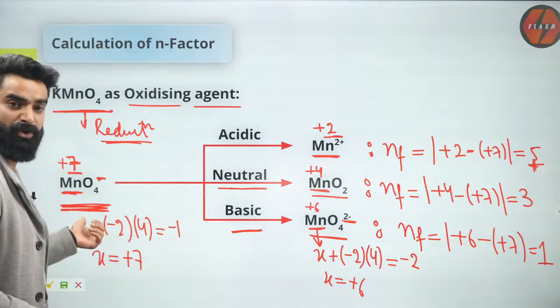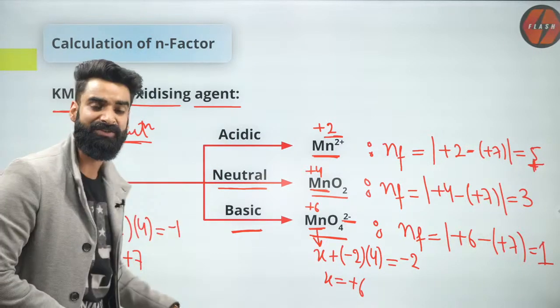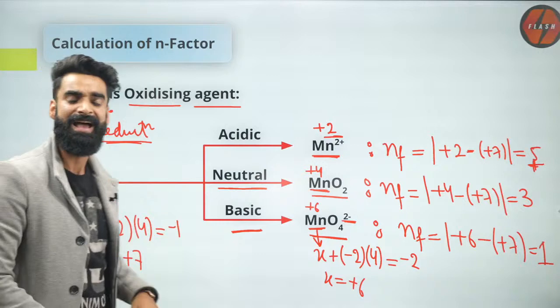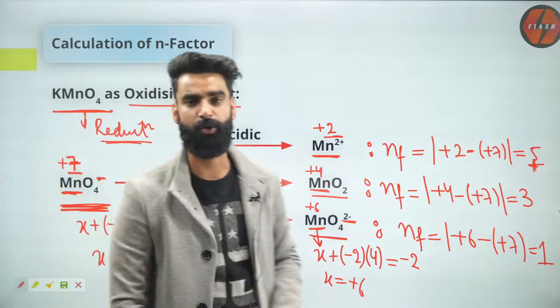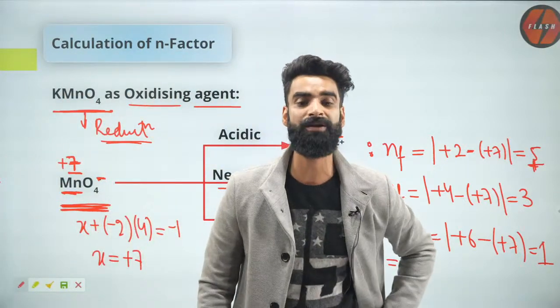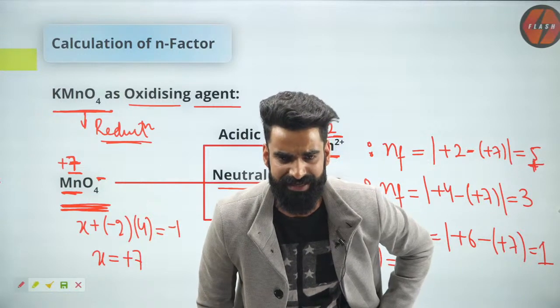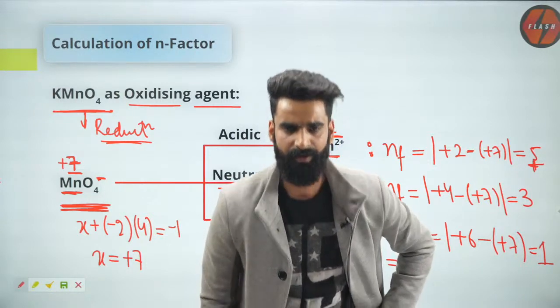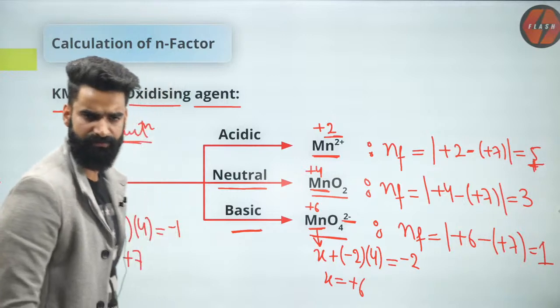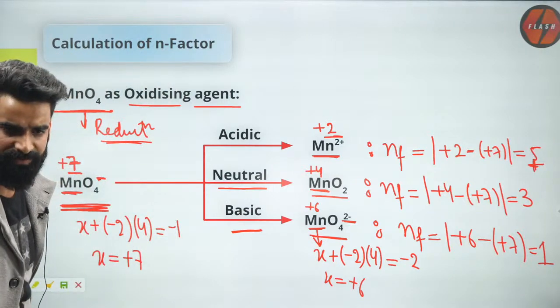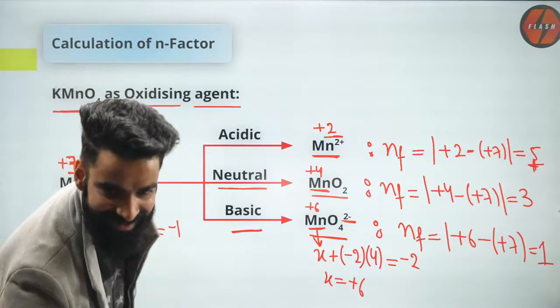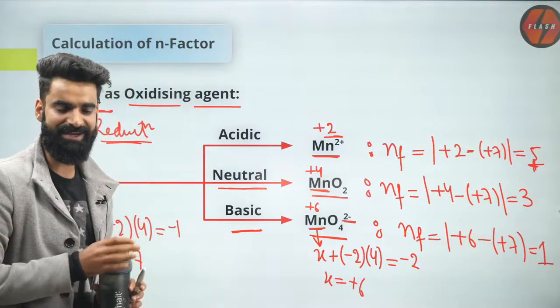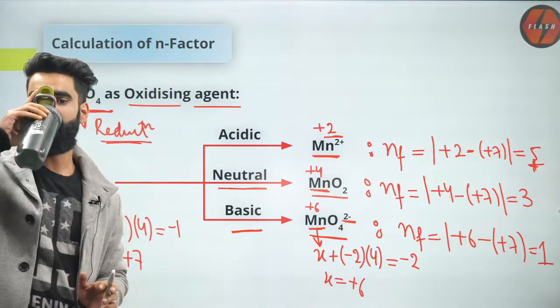That means this KMnO4 or MnO4 negative in all 3 cases is undergoing reduction. And that substance which itself undergoes reduction is what we call the oxidizing agent. Is this clear to everyone? Wonderful, guys. Great, I'm sure this is clear to everyone, right?